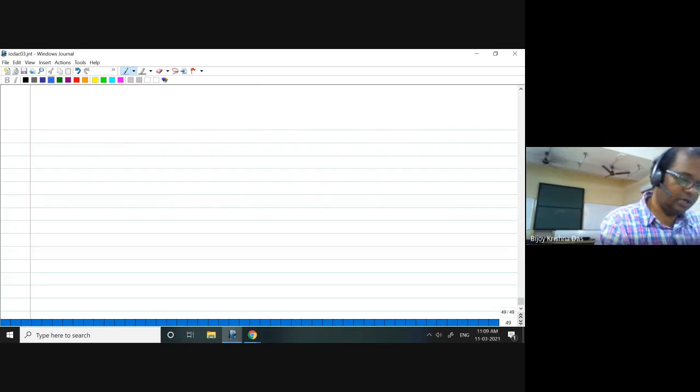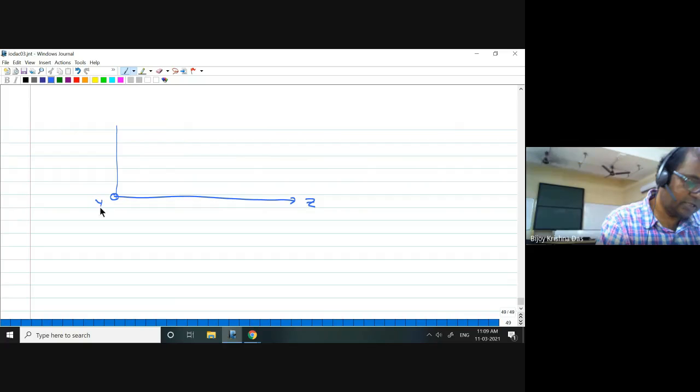So let us consider that we are still sticking with the 1D waveguide with a coordinate system. Maybe you can just define like this. That is the Z direction, this is the Y direction, and this is your X direction.